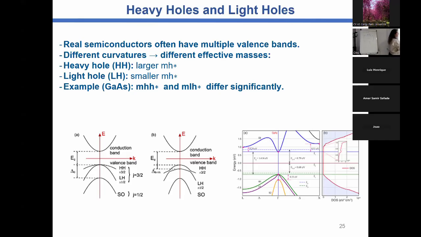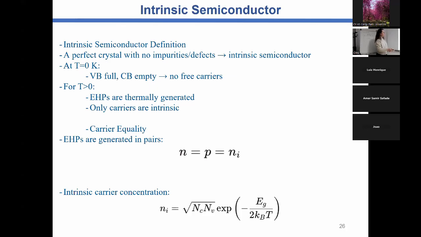So there is a difference in density of states because of the effective mass of the hole, and the shape of the density of states will also differ in terms of the effective mass.